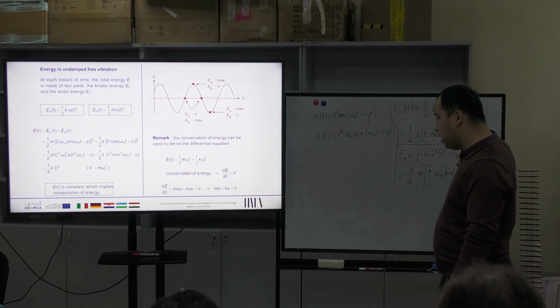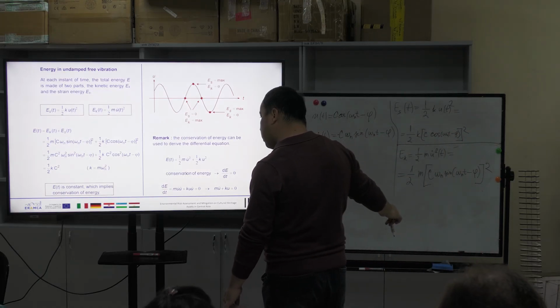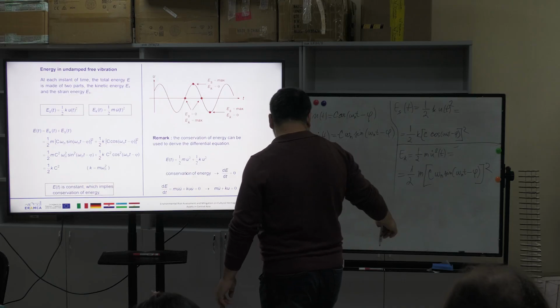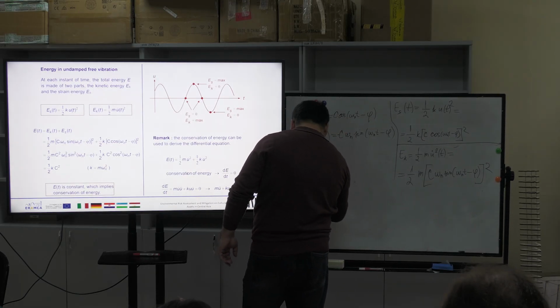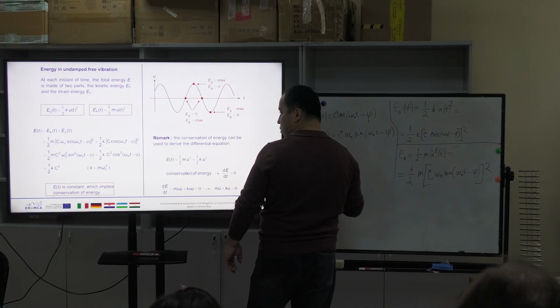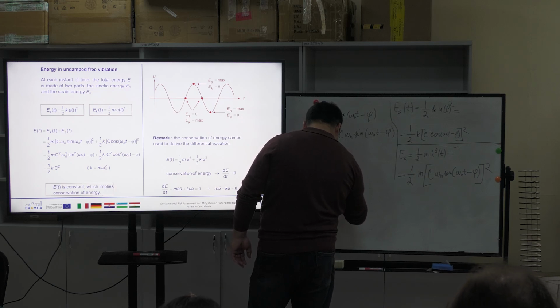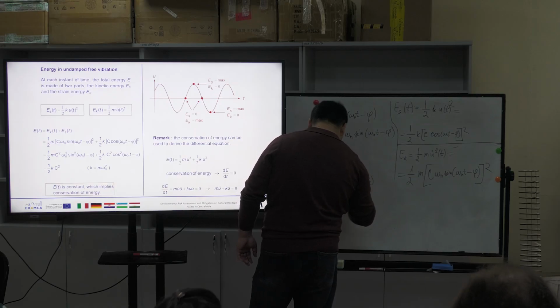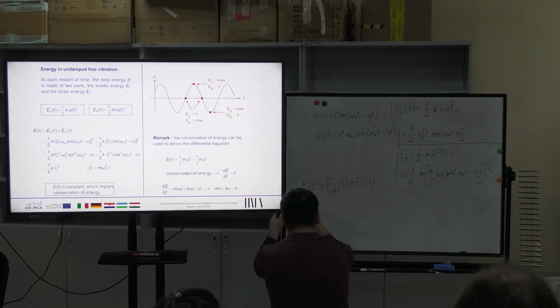Everything becomes like this, and then we just put all the formulation: energy E(t) is equal to E_k kinetic (t) plus E_s strain (t). So let's rewrite everything this way.